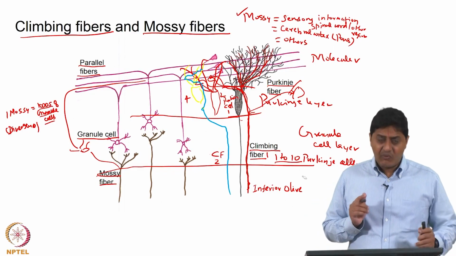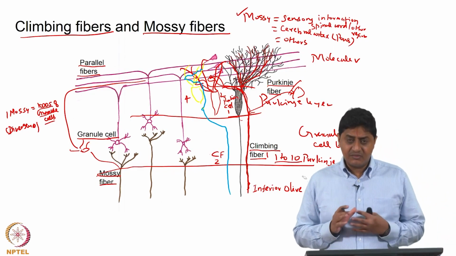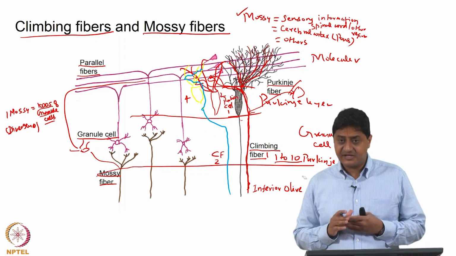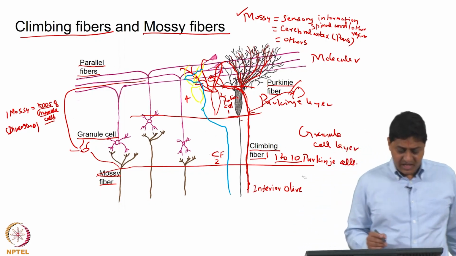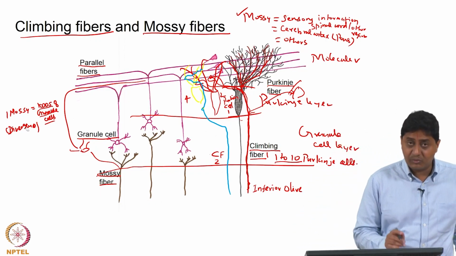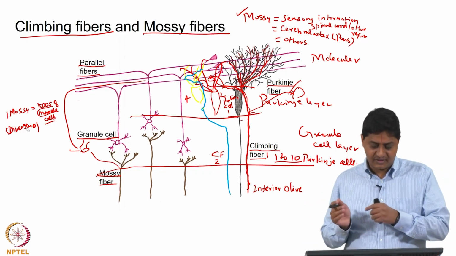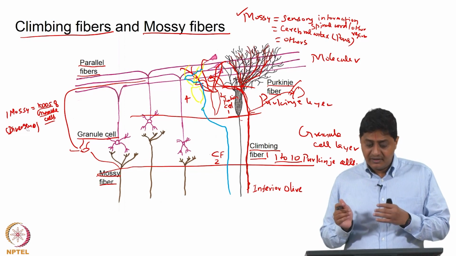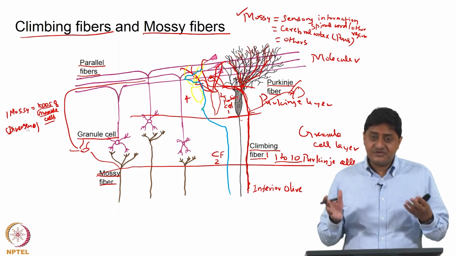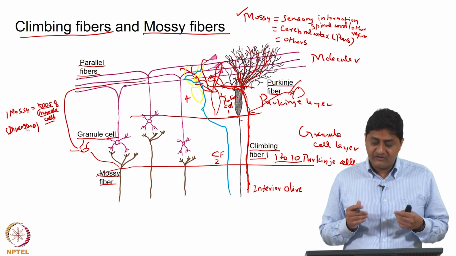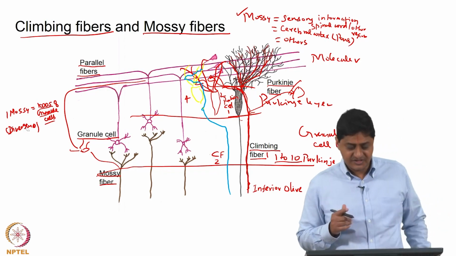systems function. What you have at the mossy fiber, parallel fiber, Purkinje cell system is, first, a great amount of divergence. One mossy fiber can innervate thousands of granule cells, and hundreds of thousands of granule cells or parallel fibers innervate a Purkinje cell.